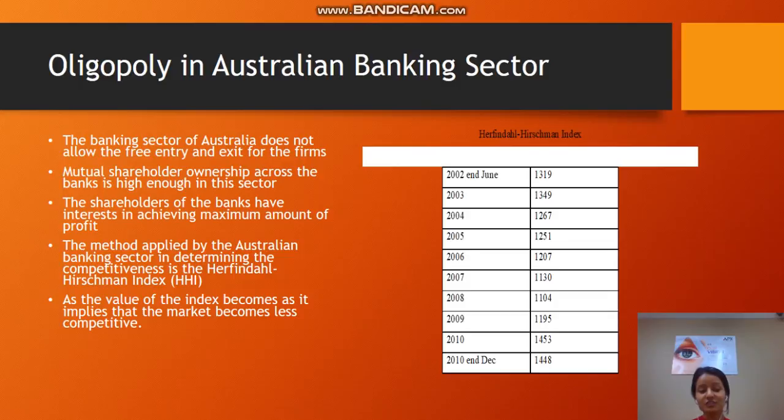The banking sector of Australia does not allow free entry and exit for the firms in the industry. Here, mutual shareholder ownership across the banks is high enough, and it can be concluded that the shareholders of the banks have an interest in achieving the maximum amount of profit.